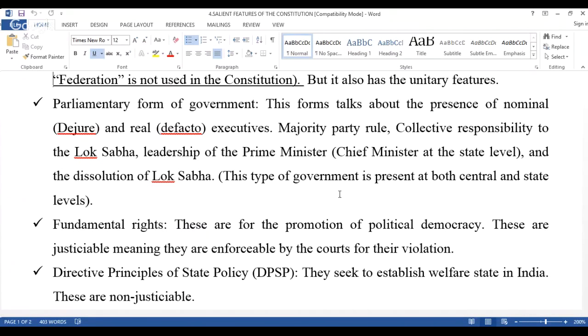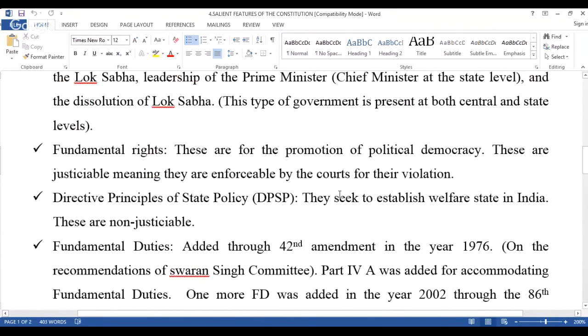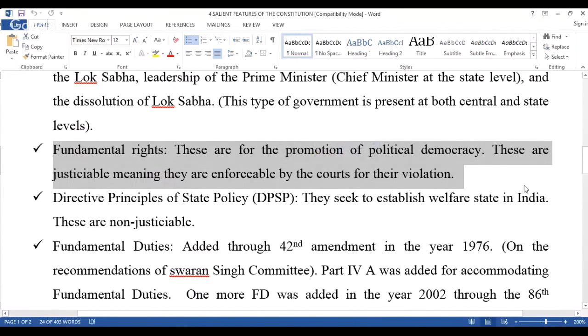Next. Next is fundamental rights. These are basically meant for the promotion of political democracy. These are justiciable, meaning they are enforceable by the courts for their violations.